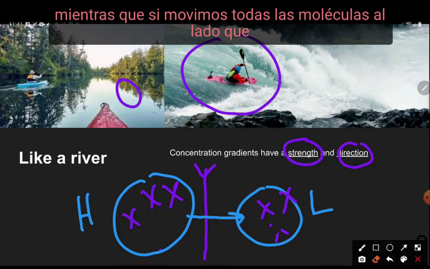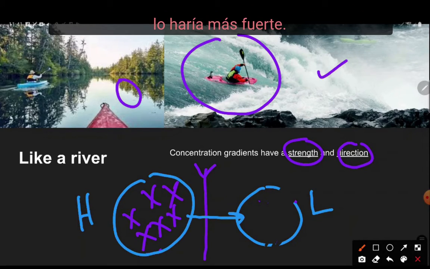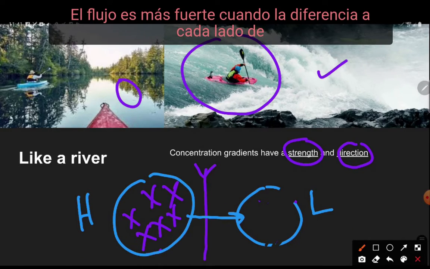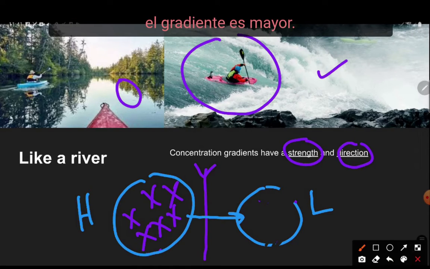Whereas if we moved all of the molecules to this side, that would make it stronger. The flow is stronger when the difference on either side of the gradient is bigger.